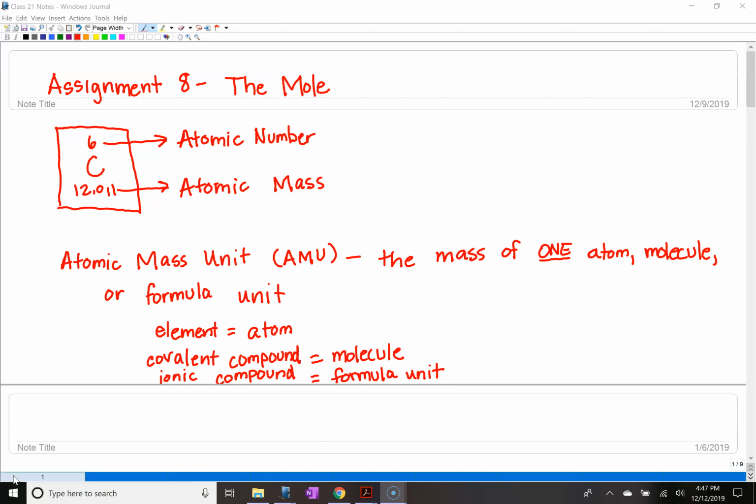We talked about the periodic table, and we said there's two main numbers on the periodic table. There's the atomic number, which is the whole number, and there's the atomic mass, which is the decimal number.